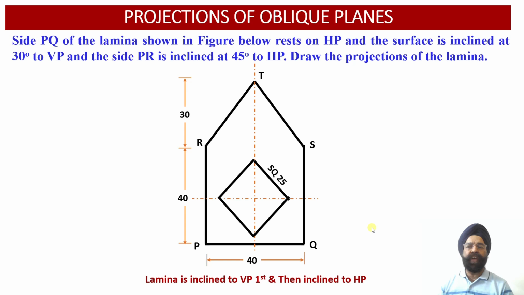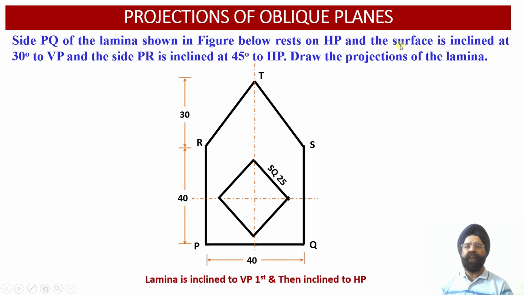And another situation which is provided to us, that the surface of this lamina happens to be inclined at an angle of 30 degree with respect to the vertical plane, and the side PR is further inclined with respect to HP at an angle of 45 degree. So we are required to draw the orthographic projections of this particular lamina.